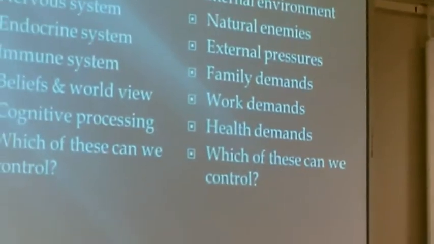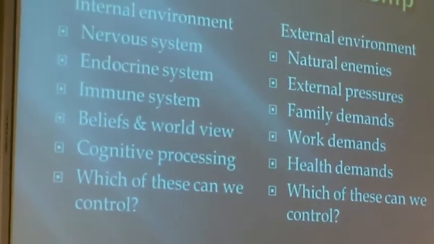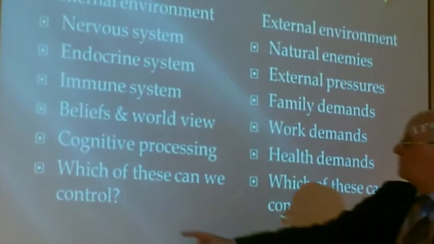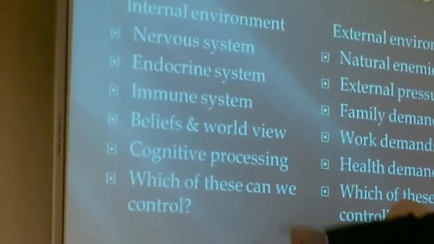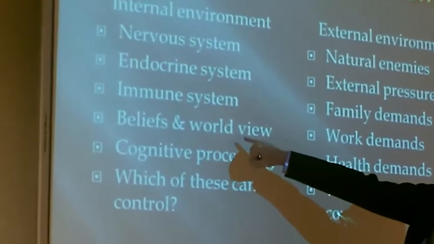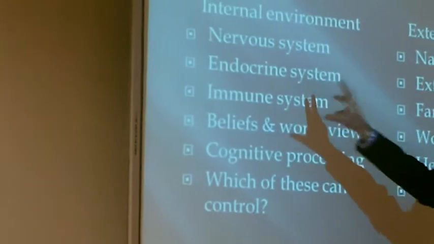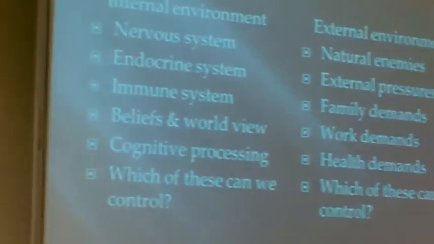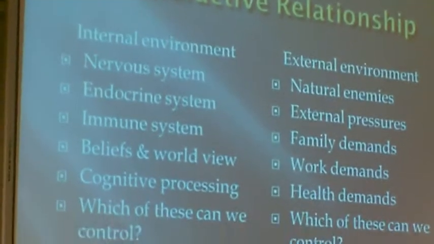The nervous system, the endocrine system, and the immune system. So what I'm going to do, when you look at this chart here, I'm working from the bottom up. We can change the way we think, we can change our worldview, and by doing that we can actually change how this automatic nervous system, endocrine system, and immune system works.